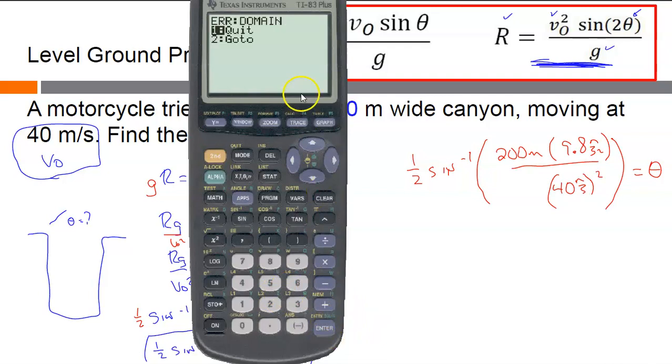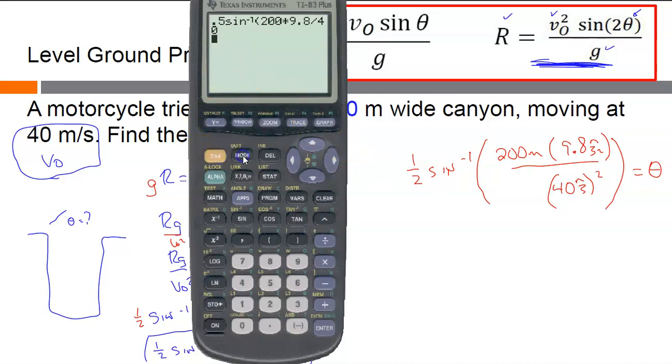Okay? It blows up. Effectively here you're going to have 200 times about 10 is 2,000 divided by 40 is 50. You're saying, go get me the angle that has 50 for a sine. Well, there is no angle that has anything greater than 1. All right? It only goes up to 1. Sine's always trapped between -1 and +1.